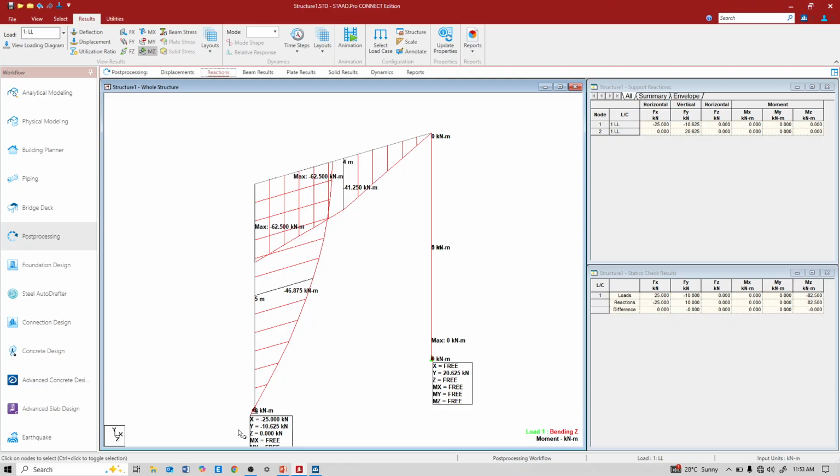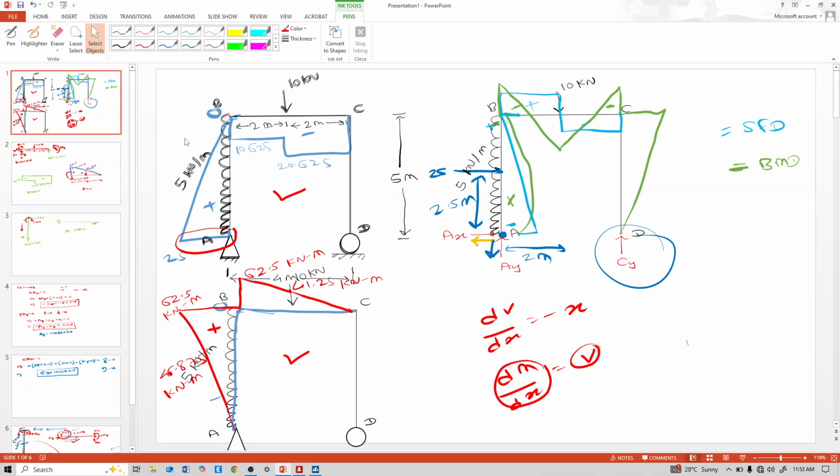Now see this slope, it is like this. So this is like this. See which slope is maximum here. See this or this.